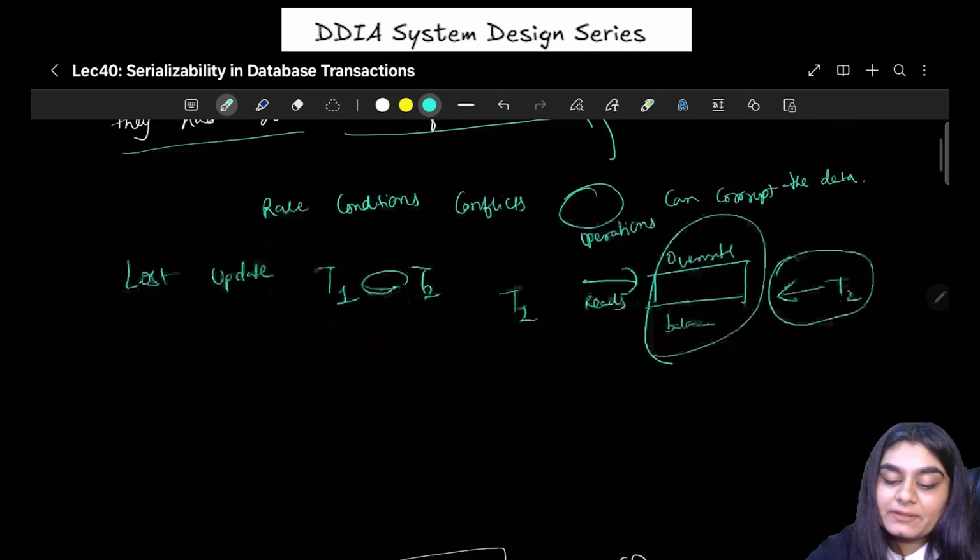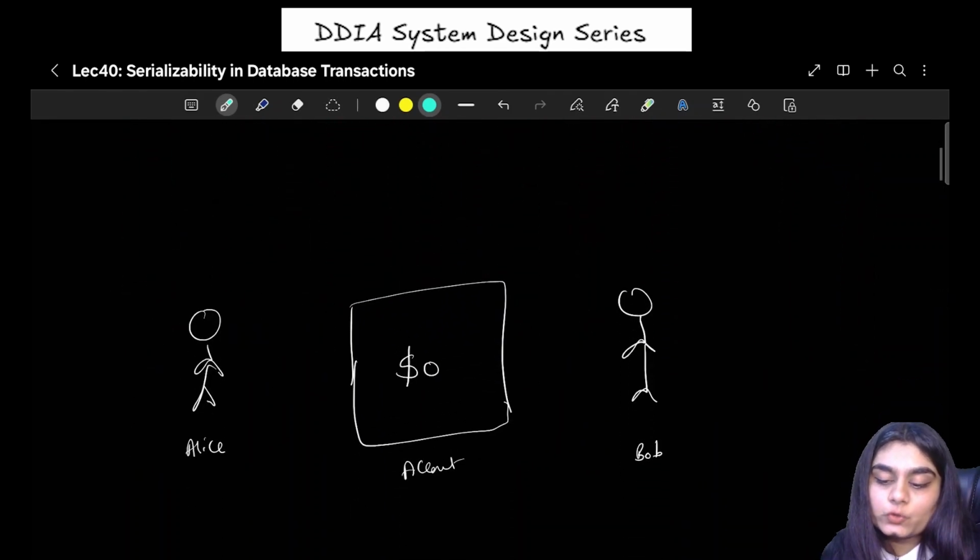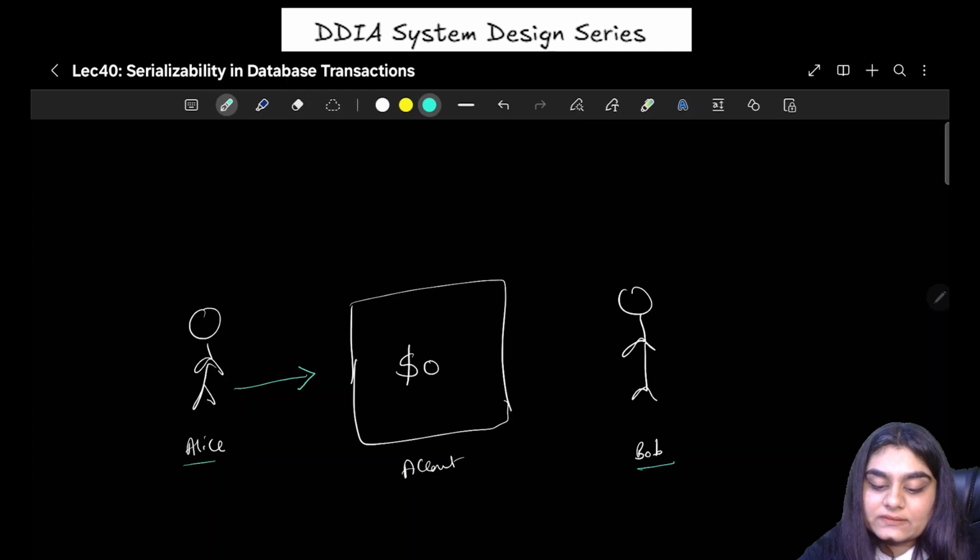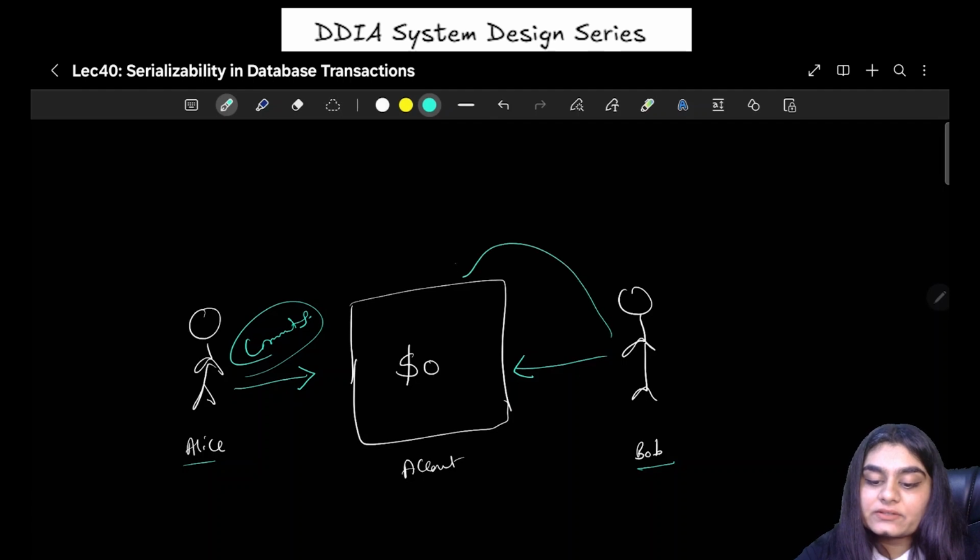Let's understand this by taking an example. Suppose there are two persons, Alice and Bob. There is an account as of now having $0. Here, Alice is trying to deposit some amount in the account, but meanwhile, Bob is reading this balance and Alice commits her transaction, but at the same time, Bob also commits his transaction.